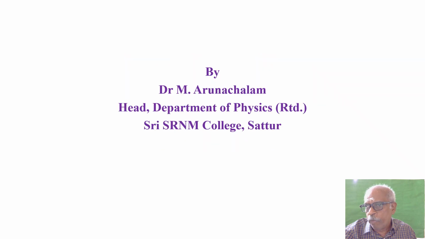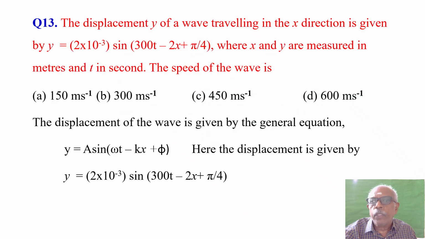The question is: the displacement y of a wave traveling in the x direction is given by the equation y = 2π × 10^-3 sin(300t - 2x + π/4), where x and y are measured in meters and t is measured in seconds.